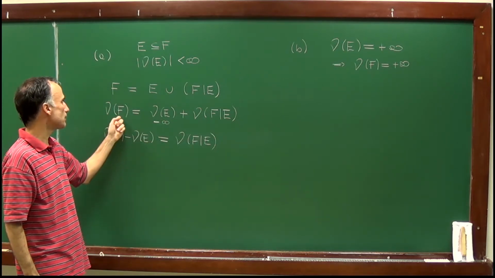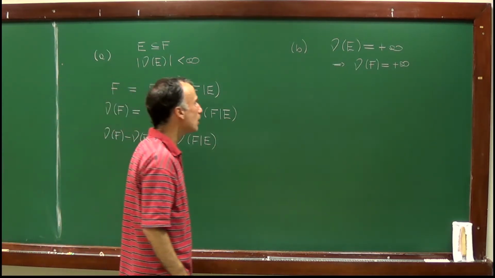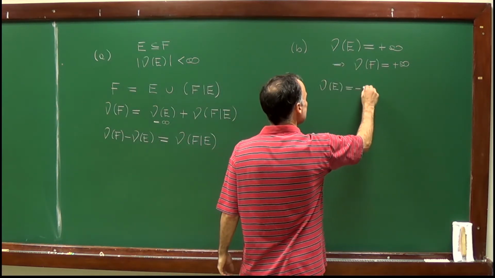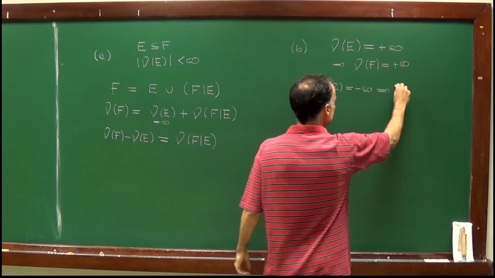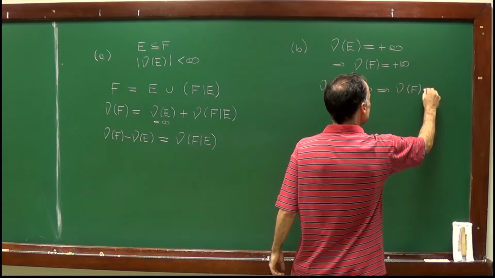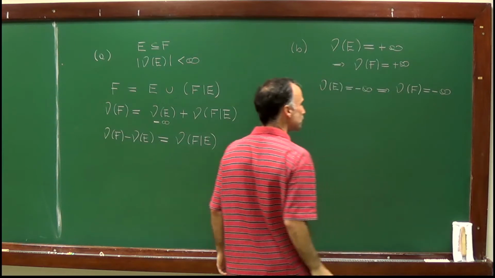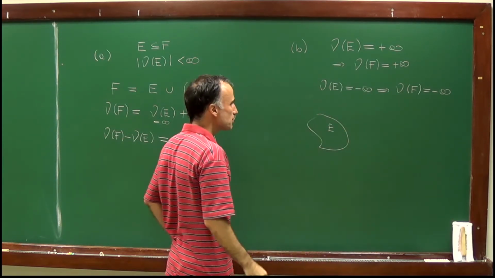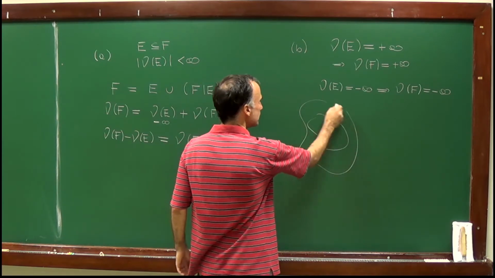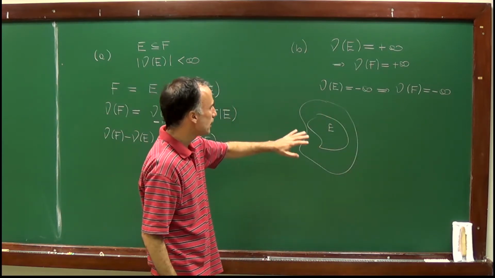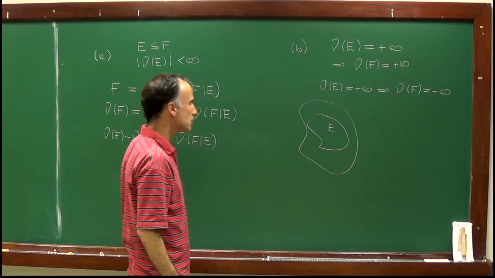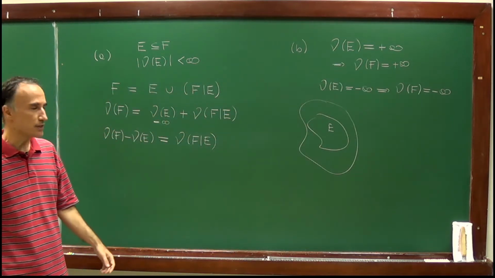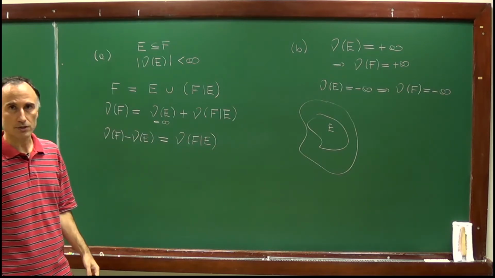In both cases, we get that nu of F is equal to minus infinity. So if you have any set E whose measure is either plus infinity or minus infinity, any set F which contains that set has to have the same measure. So this is a first property of these sigma additive functions.